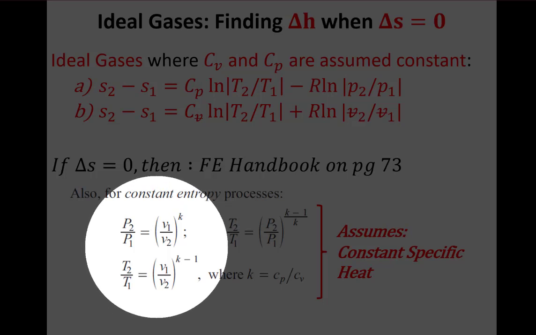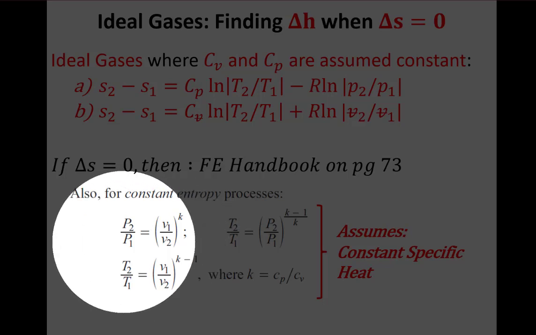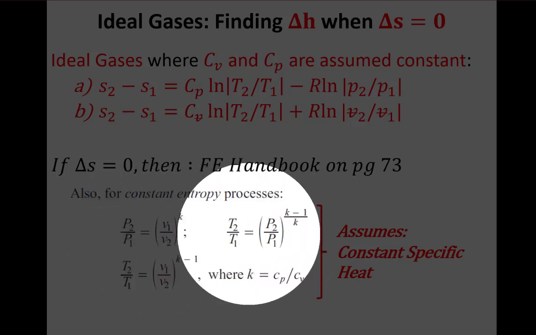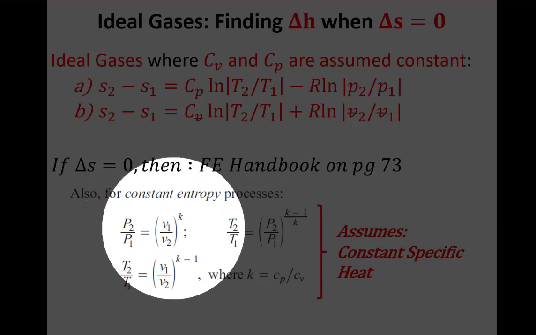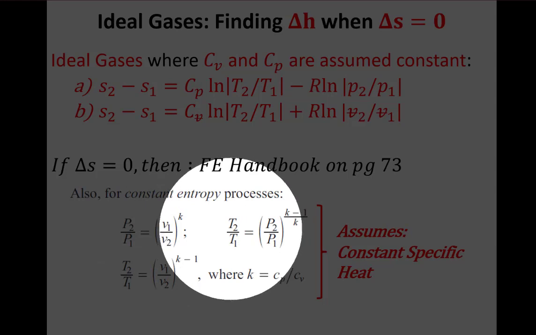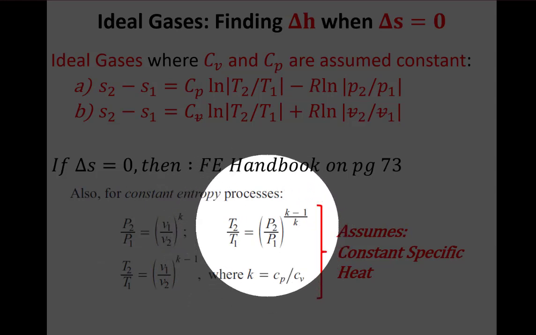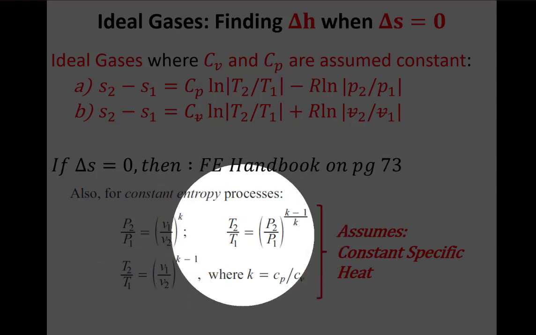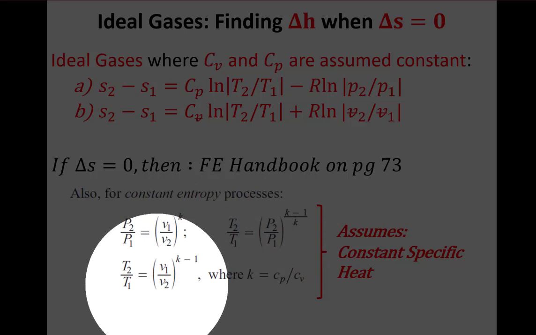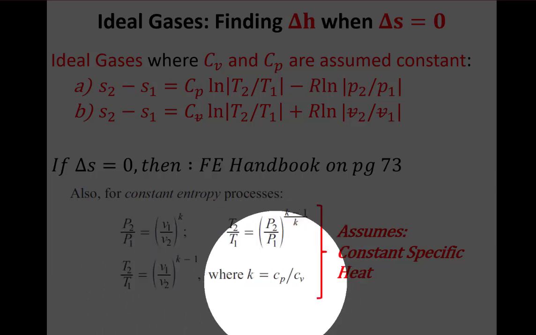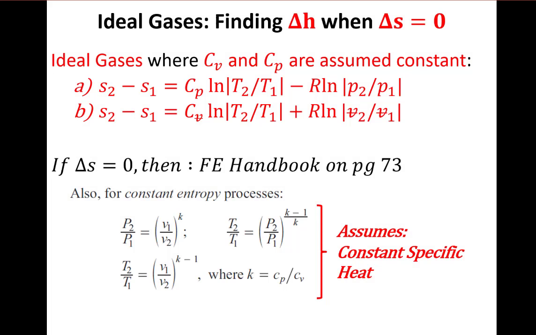And usually I will use one of these first two equations here. If it's a closed system, I'll use this one because it's got volume information in it. And if it's an open system, I'll typically have pressure information, so I would use this one. This one lets us relate the temperatures to the specific volumes, but I don't know if I've ever used this equation. And we do have to remember that K is equal to Cp over Cv.